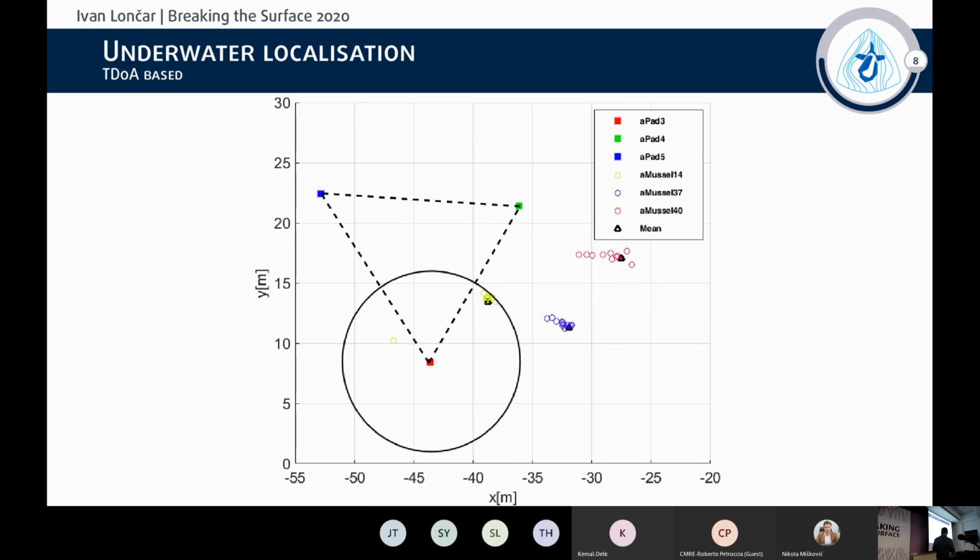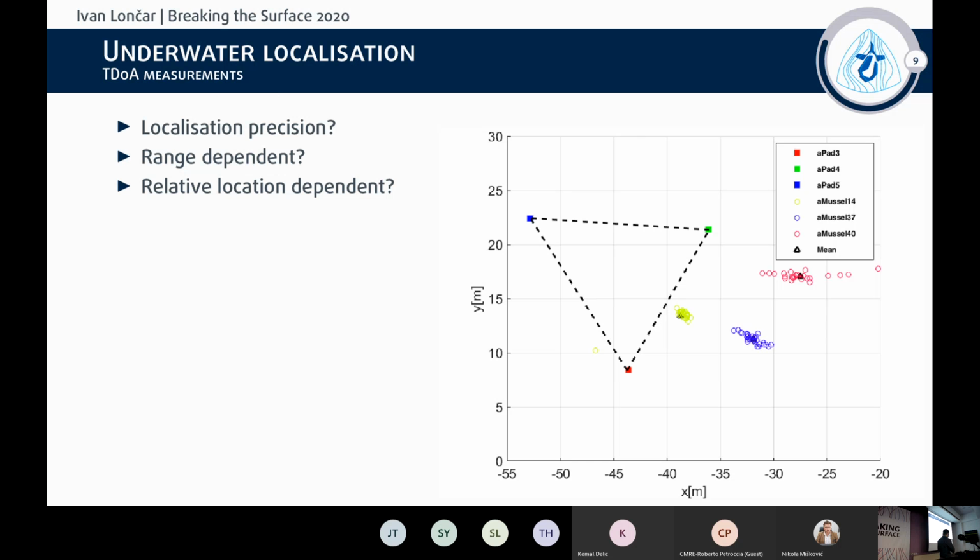And as you can see from this picture, the localized sensors have different uncertainties in the acquired positions. Can we determine that precision before the experiment or during runtime, because we have no feedback from the underwater agents? And is it range dependent, since the aMussel in yellow, which is closer, has a lower position uncertainty than the ones in red and in blue?